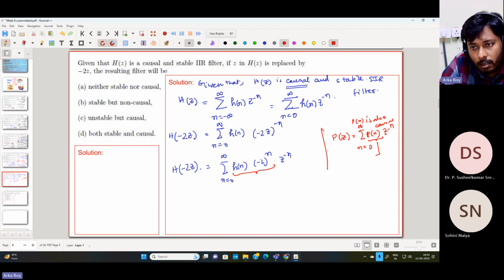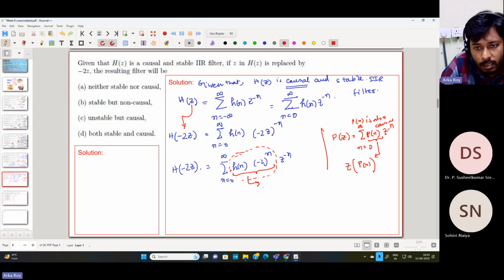So here I can say that is a z transform of P of n. By that logic, I can say that if I replace this z by minus 2z, then the unit sample response is basically changed from h of n to h of n multiplied with minus 2 to the power n.